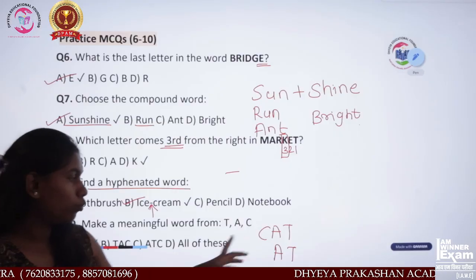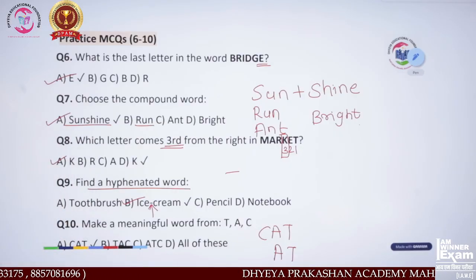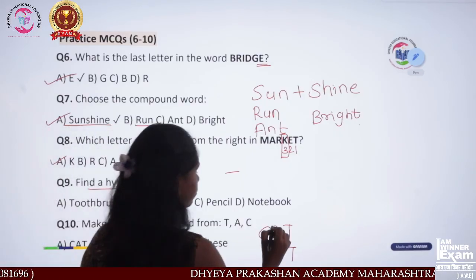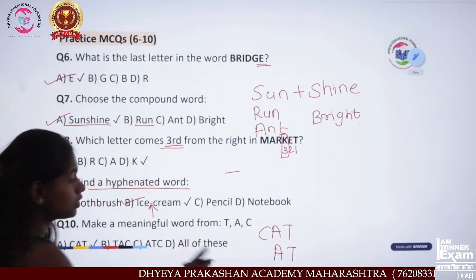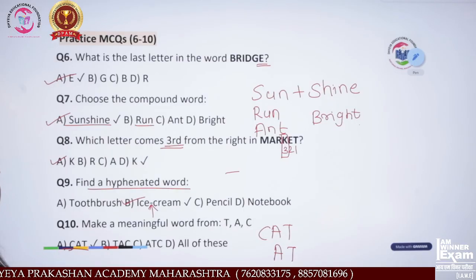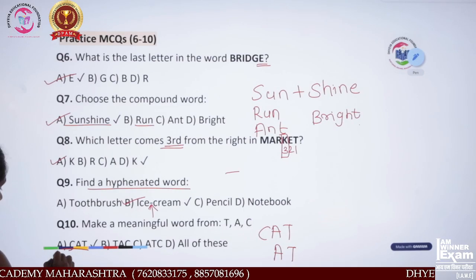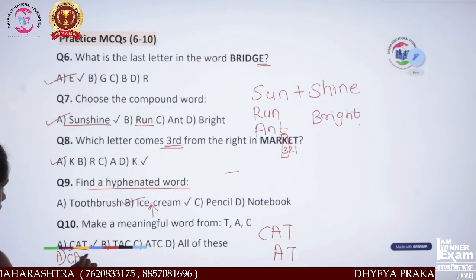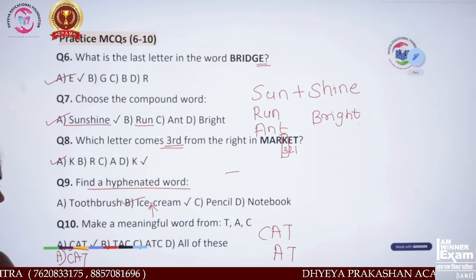You can make more words from this TAC, but I have added two words, that is cat and at. So here the first option is CAT, cat. Option A, that is CAT, cat. Now cat is a meaningful word.